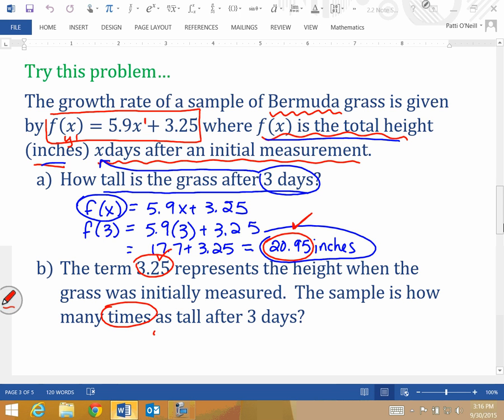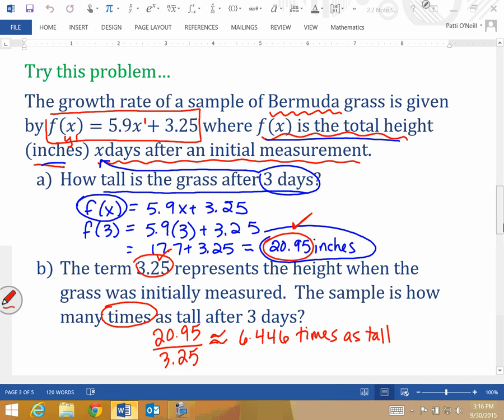In order to figure that out, we can actually turn this into division and get an approximate. Actually, if you do this on your calculator, you get a decimal answer. So I'm going to do a squiggly equal sign for approximately 6.446 times as tall.